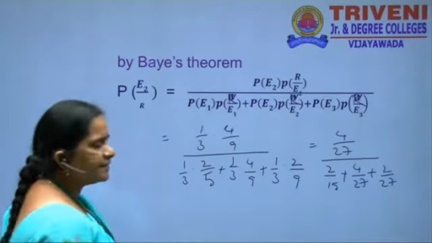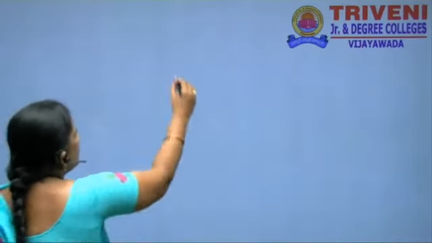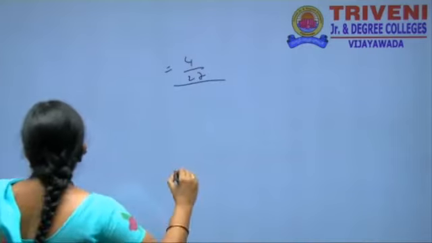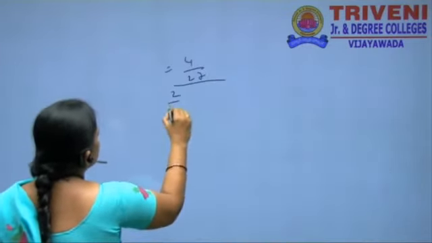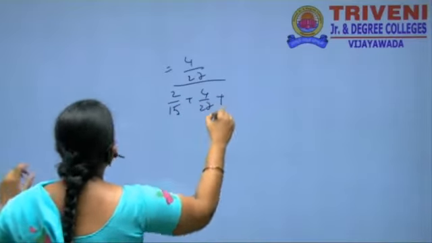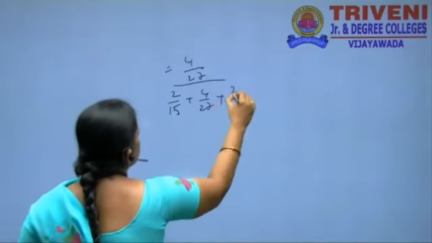Here take the LCM of 15, 27, 27. That is 2 by 15 plus 4 by 27 plus 2 by 27.